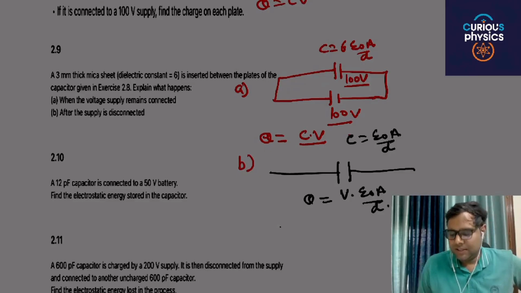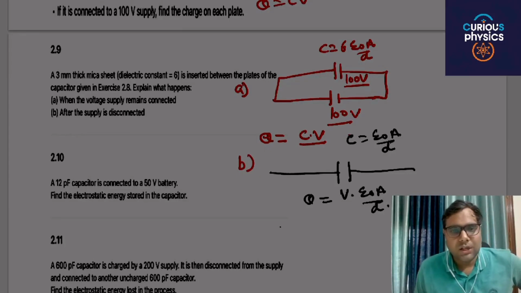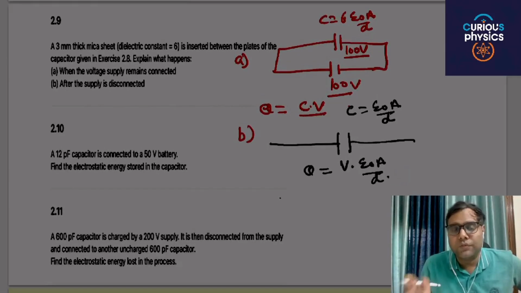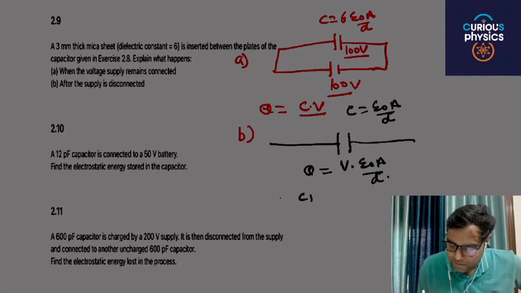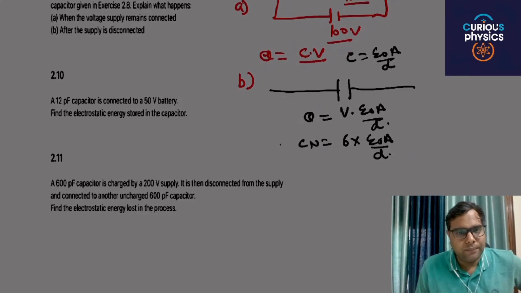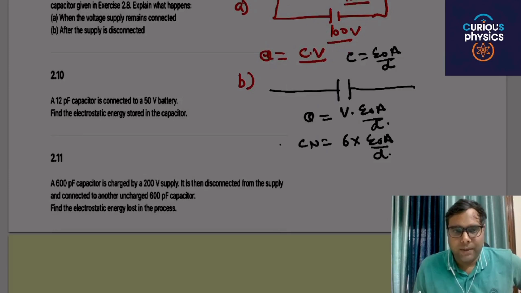This is the charge stored in this particular capacitor. Now you inserted the dielectric and removed the supply. The new capacitance will be K, that is 6 into epsilon naught A by D, but the charge remains the same.